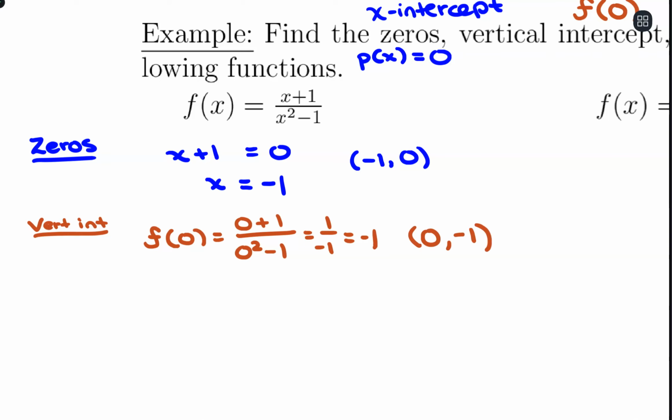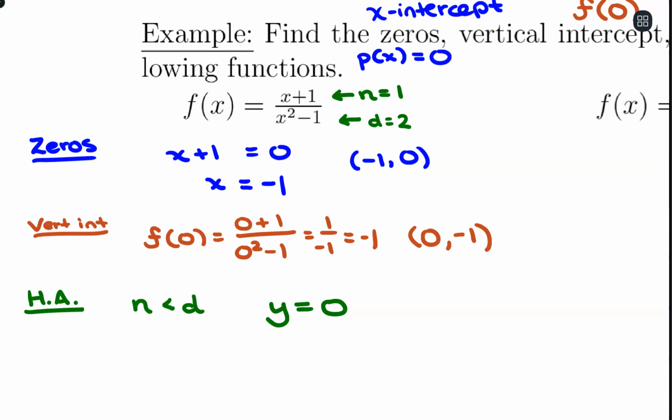If we want the horizontal asymptote, the degree of the numerator, from x plus 1, is 1. The denominator, x squared minus 1, has a degree of 2. So this is a case where the degree in the numerator is smaller than the degree in the denominator. So that means we have a horizontal asymptote at y equals 0.